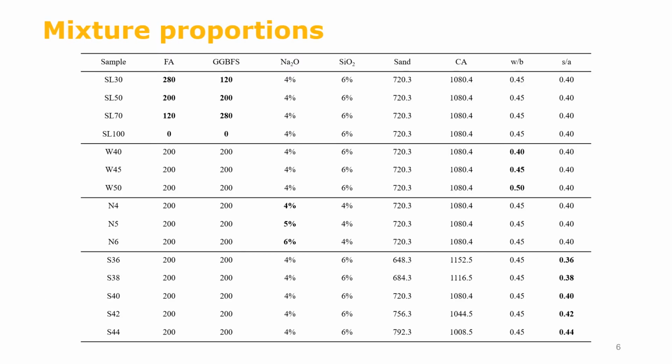To find the best mixture, alkali-activated fly ash slag concretes with different ratios are designed, which are shown in this table. Because SL50, W45, and S40 are the same mixture, there are 13 mixtures in our study.